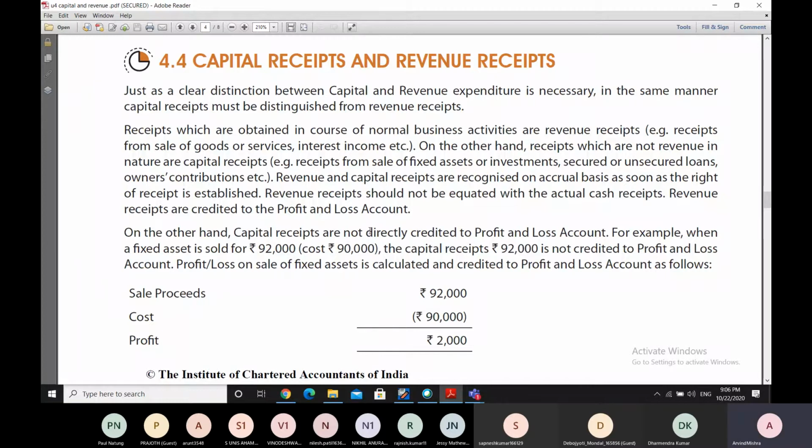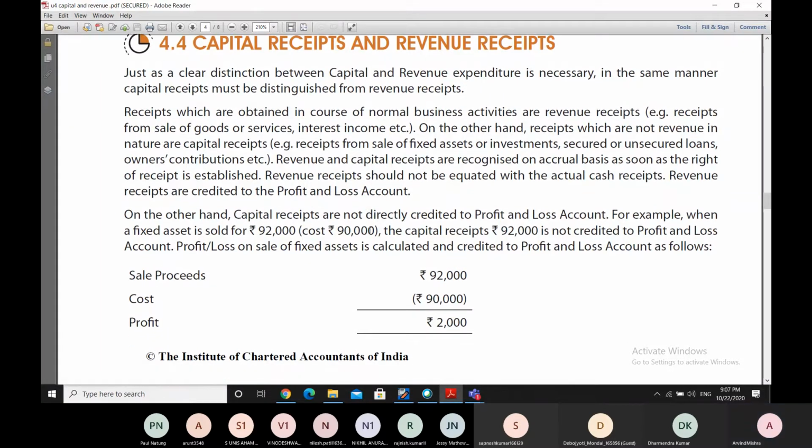For example, when we sell a fixed asset for 92,000 rupees, the capital receipt, which is 92,000 rupees, is not going to be credited to the profit and loss account. The profit or the loss on the sale of the fixed asset is calculated, and that profit or loss will be credited to the profit and loss account.